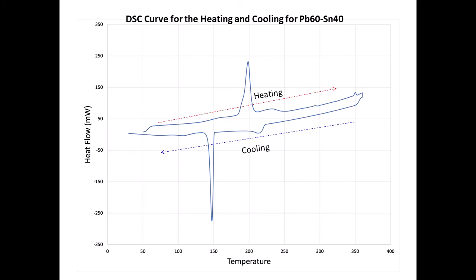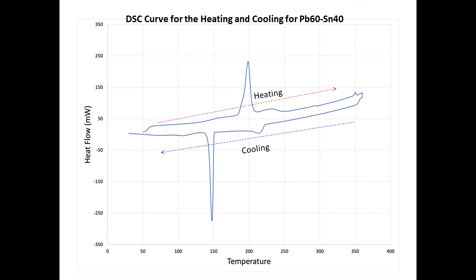So in this case, the sample doesn't entirely melt at a single temperature. This is perhaps easier to observe when we look at the cooling curve. Note that on cooling, there's an exotherm that begins at a temperature of about 210 degrees.